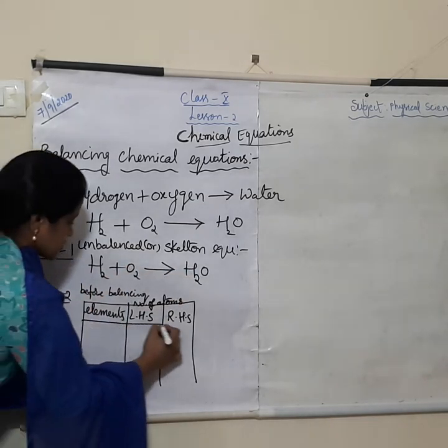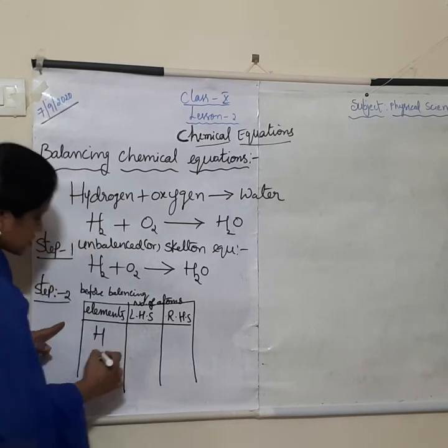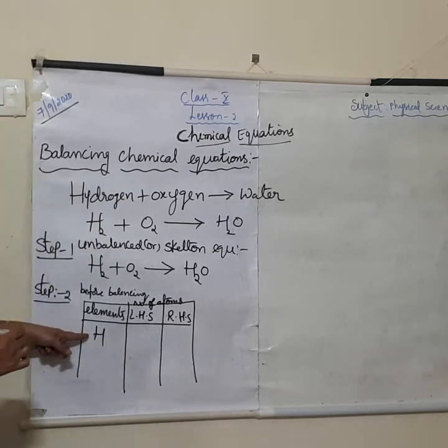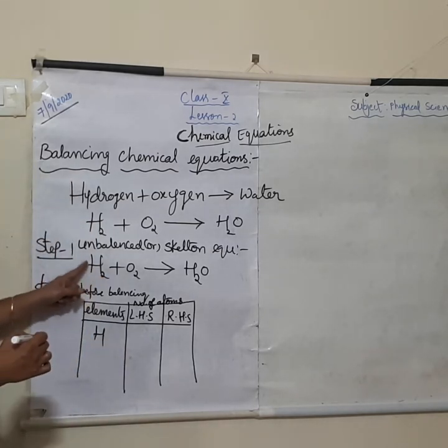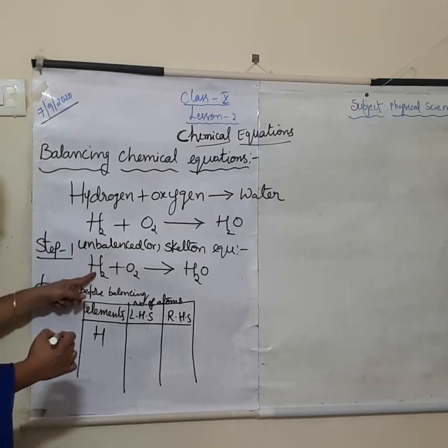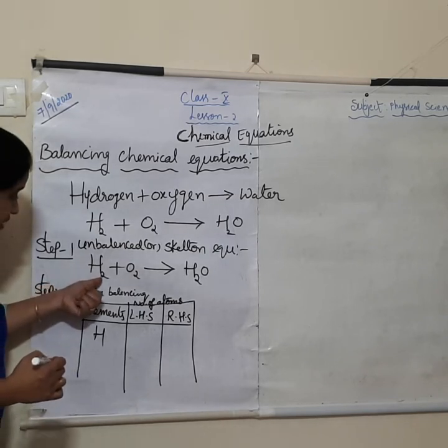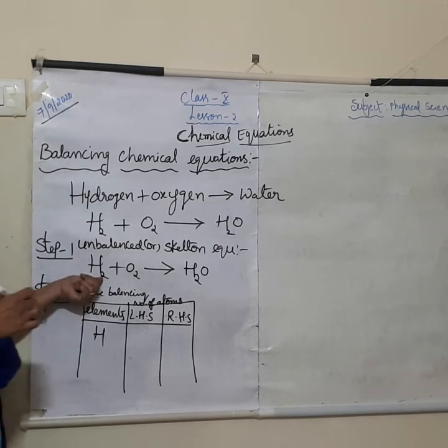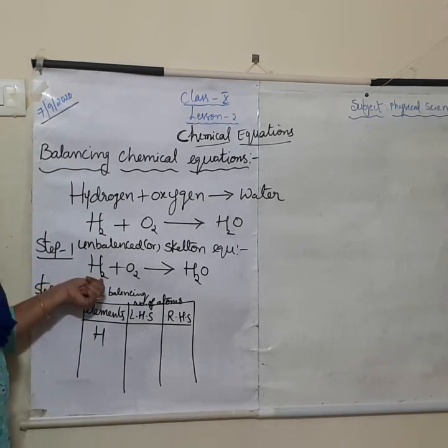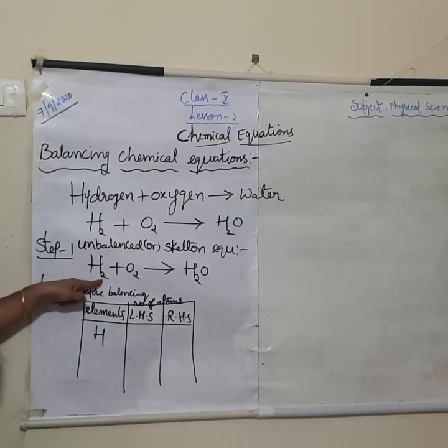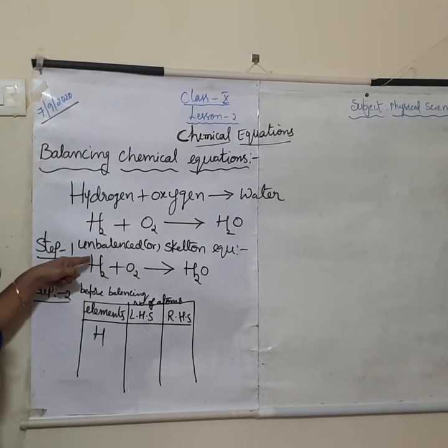So you start first with hydrogen. This hydrogen element in the left hand side, how many are there? Whatever the subscript is written to a particular element, it indicates the number of atoms of that element. Here H2 is given. 2 represents the subscript. This 2 represents 2 atoms of hydrogen.